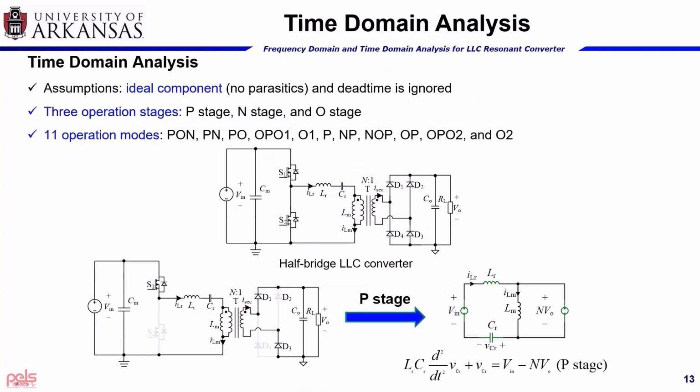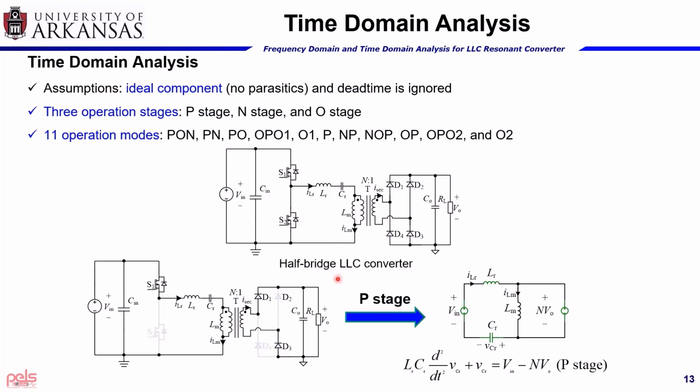For time domain analysis, the assumptions are ideal components and no dead time. There are 3 operation stages for an LLC resonant converter: P stage, N stage, and O stage. Based on the sequence of these operation stages, we have different operation modes. First, let's look at the operation stages.